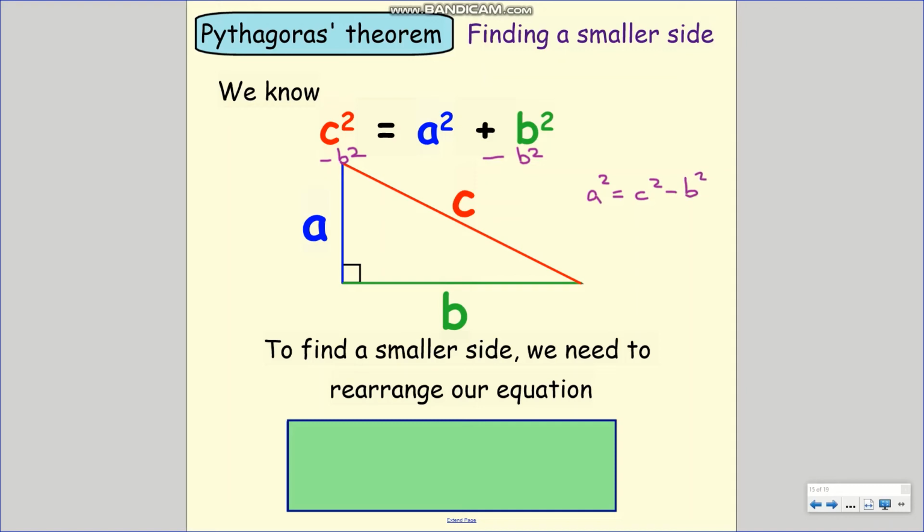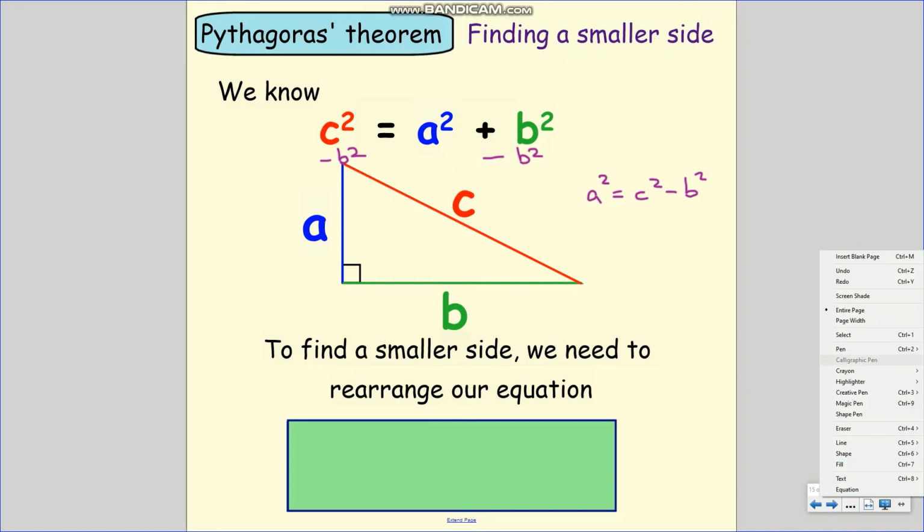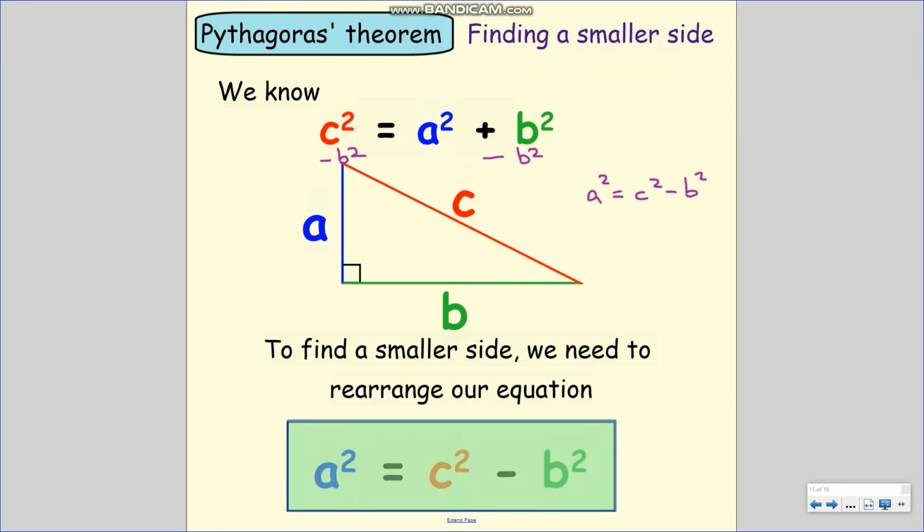So the smaller side of the right angle triangle is equal to the hypotenuse squared minus the other smaller side squared. I'm just going to reveal at the bottom here that full equation. Make sure you take a note of that in your jotter, and then we're going to do a few examples of finding smaller sides from a right angle triangle.